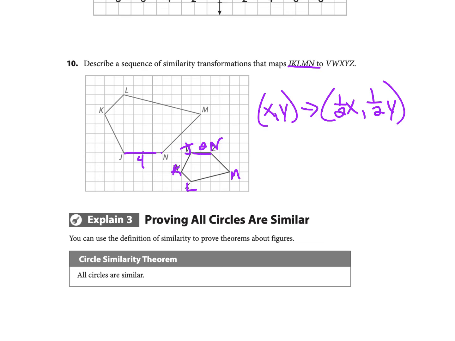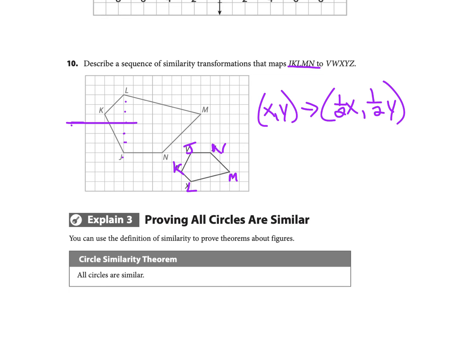Now, do you see I have to flip it? Okay, so let's just reflect it. I did not mean to erase the letters. V is J. J, K, L, M, N. Let's see, let's just reflect it. 1, 2, 3, 4, 5, 6. 1, 2, 3.